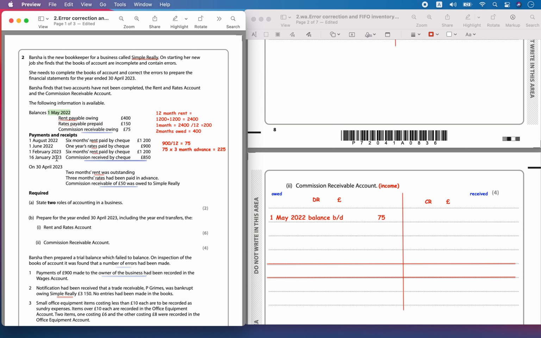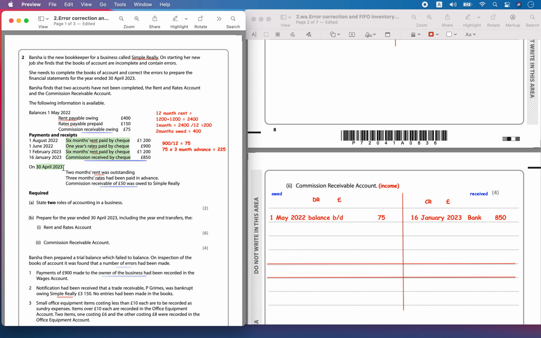And then on 16th Jan 2023, they received by check some amount. So through the bank they got a check amount of 850. So let's write that, 850. And then 50 had become owed at the end of the month.